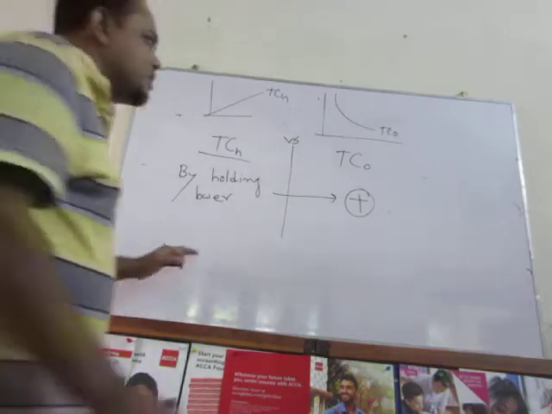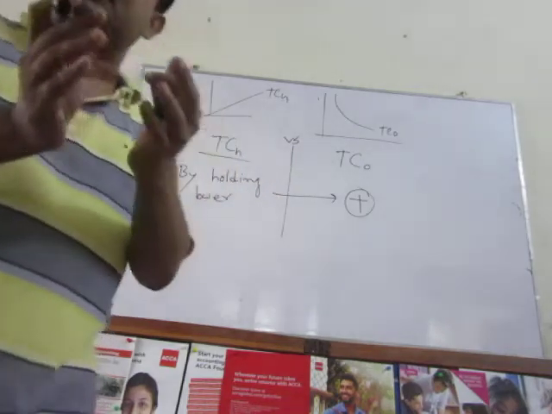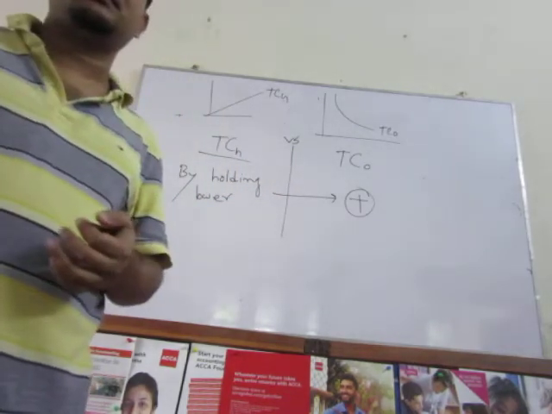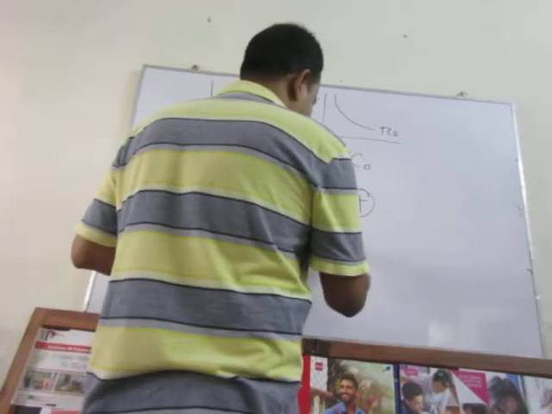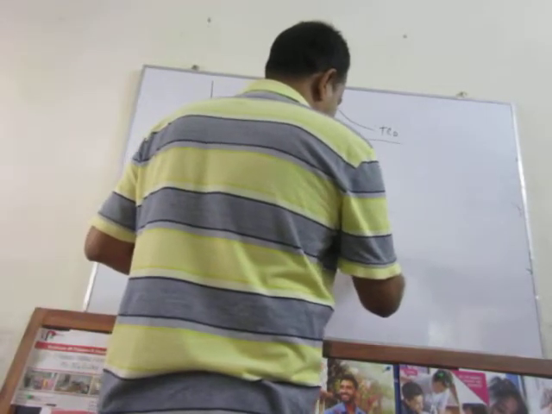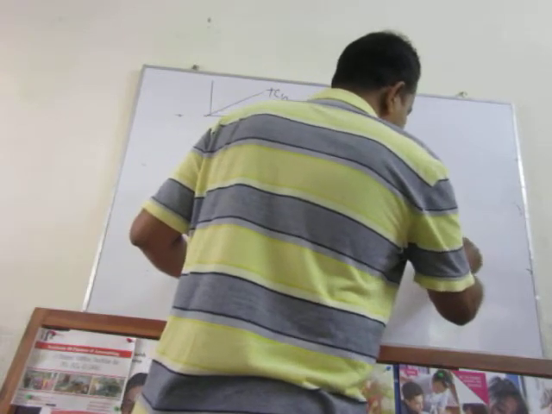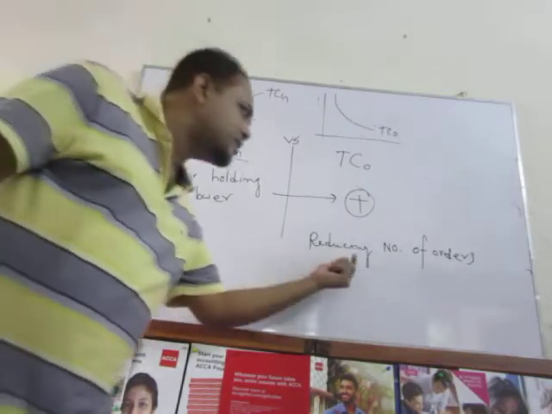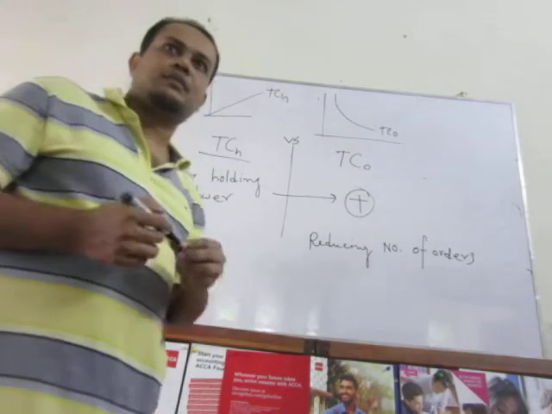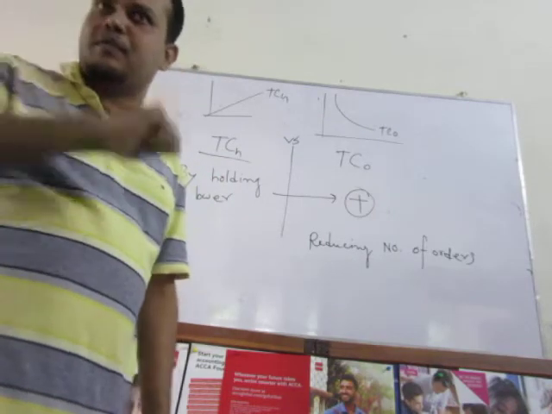On the other hand, if you want to reduce the total ordering cost, that means you have to reduce the number of orders. So when you step forward to reduce the number of orders, suppose initially to have 20 metric ton, you place 5 ton orders.